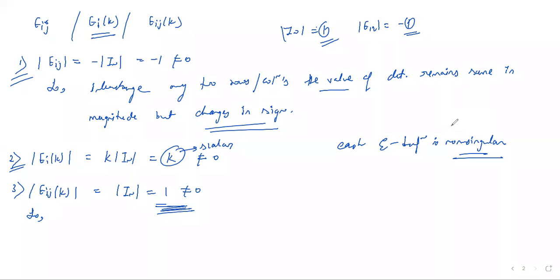So now let's see the inverses of elementary matrices. Our first inverse is Eij inverse. We got Eij from a unit matrix.